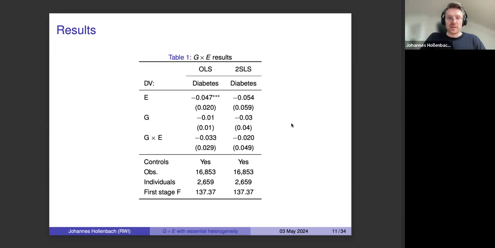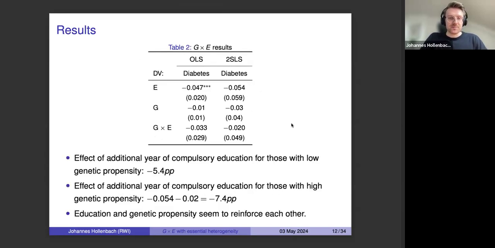And then the G by E coefficient is, in the two-stage least squares case at least, minus 0.02. So you would conclude that the additional effect for the people with high polygenic score is another 2 percentage point reduction. So you would end up with a reduction of 7.4 percentage points for those with high genetic propensity.